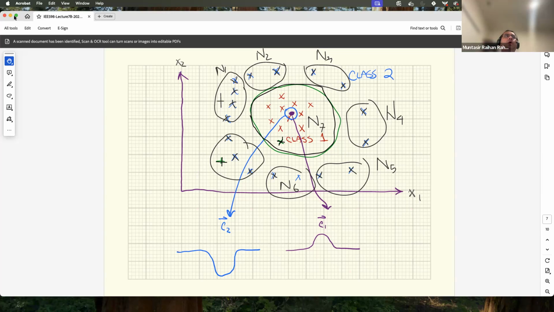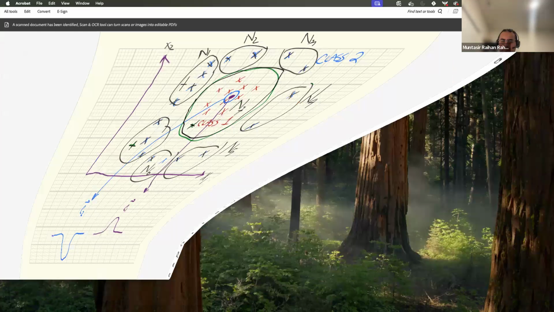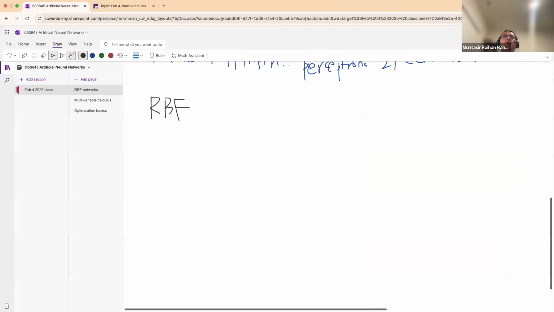So let's go back to our board here. So let's try to draw out a radial basis function. I'm going to say I have this input, doesn't matter the input dimension, but let's say it's a d-dimensional vector, R^d. And then this goes into a number of neurons, and I'm going to represent the neurons by a radial basis function.